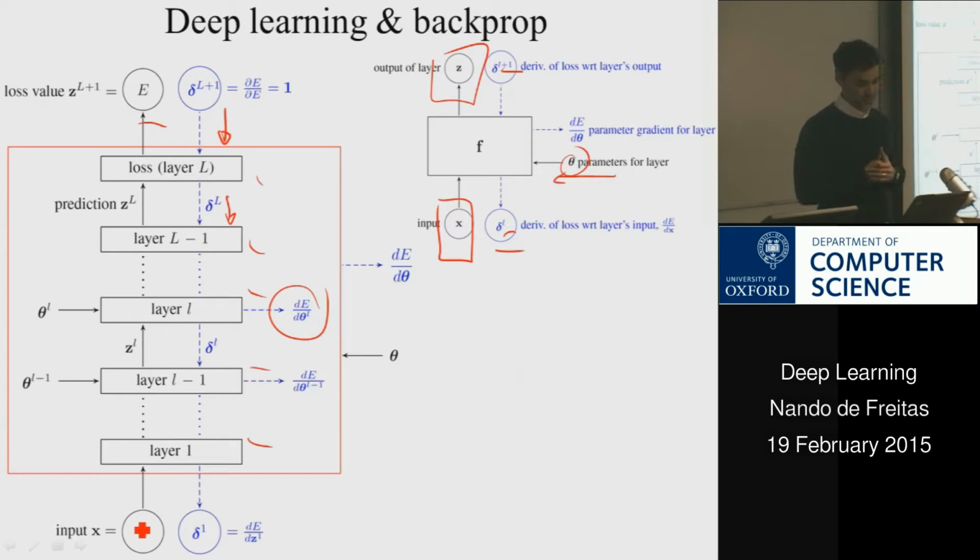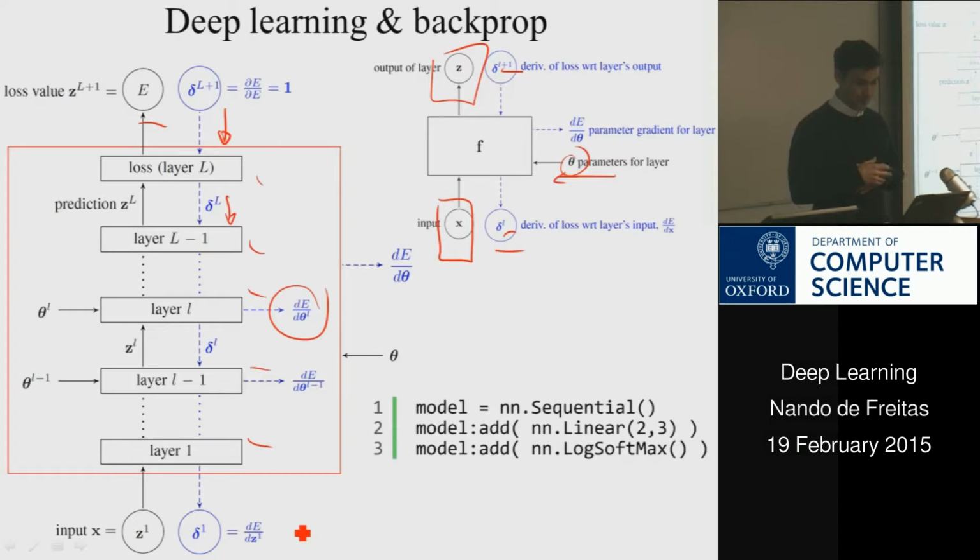And that's also what Torch does. If you think of this as the whole sequential network, as in Torch, Torch will build a sequential network, for example for logistic regression with two inputs and 3 classes. You basically say you're going to build a sequential model using the module nn, neural network.